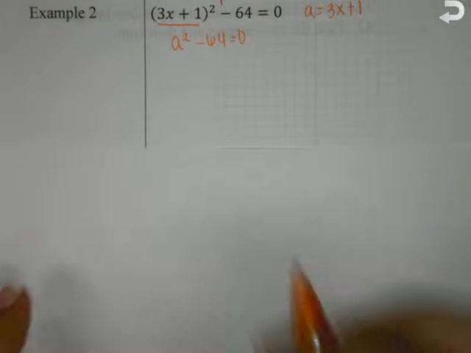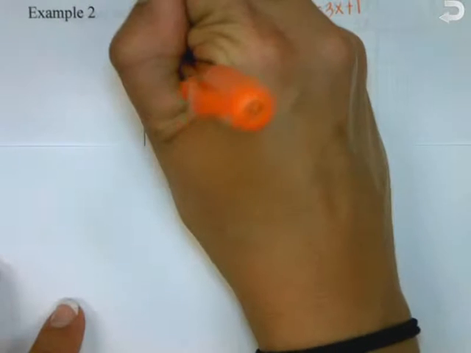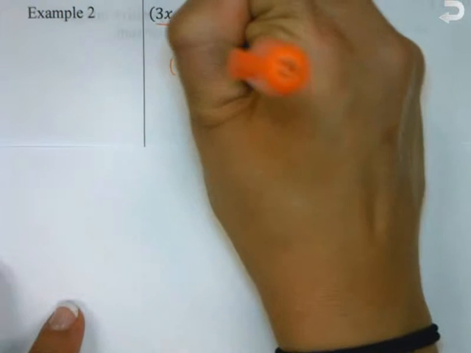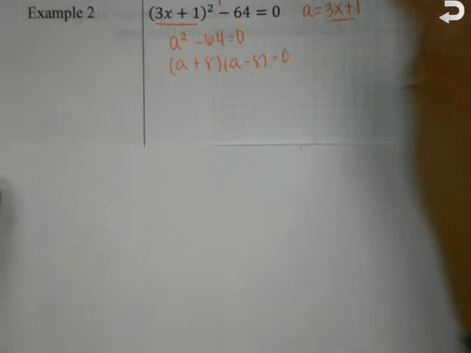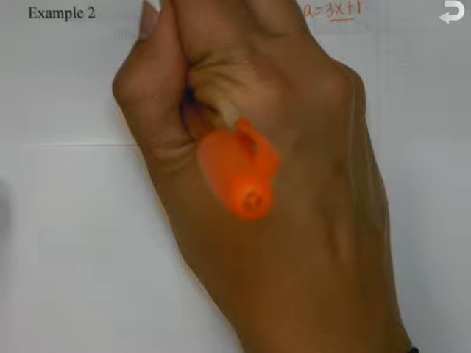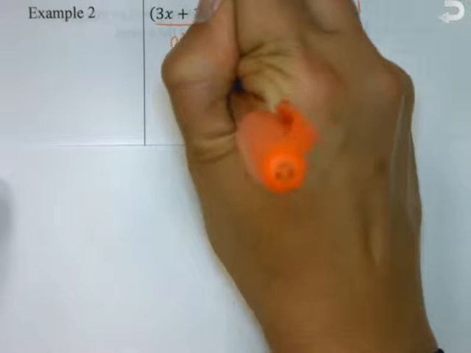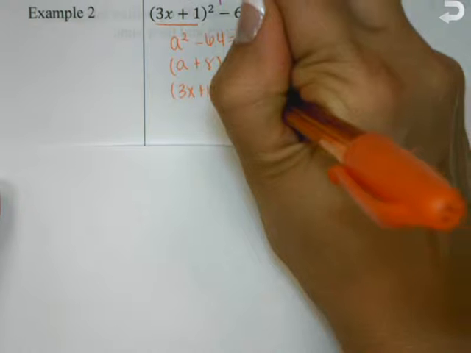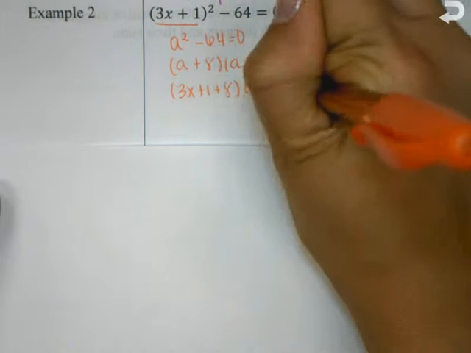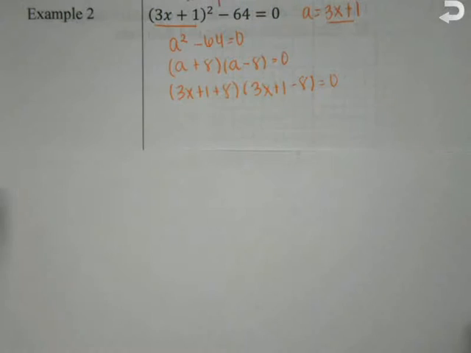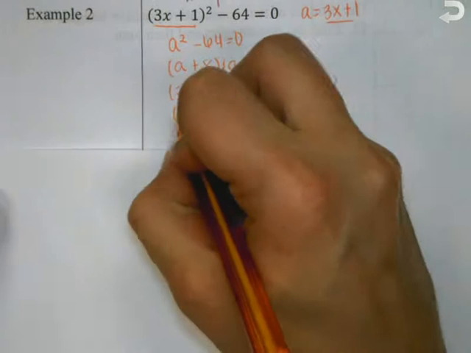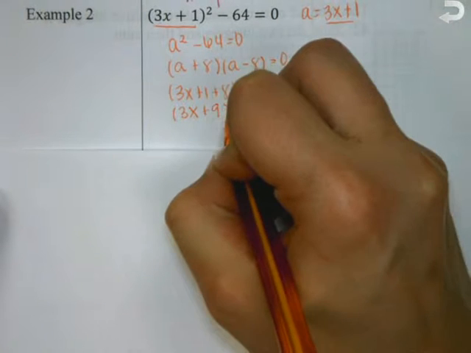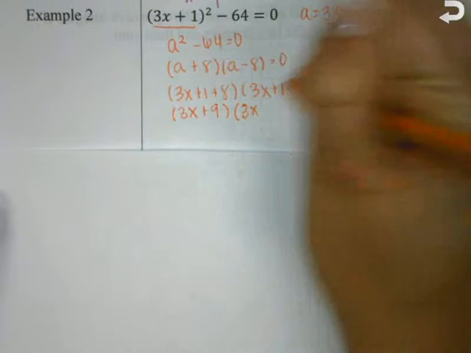So this is (a + 8)(a − 8) = 0. Plug 3x + 1 back in. So that gives me (3x + 1 + 8)(3x + 1 − 8) = 0. Simplify: (3x + 9)(3x − 7) = 0.